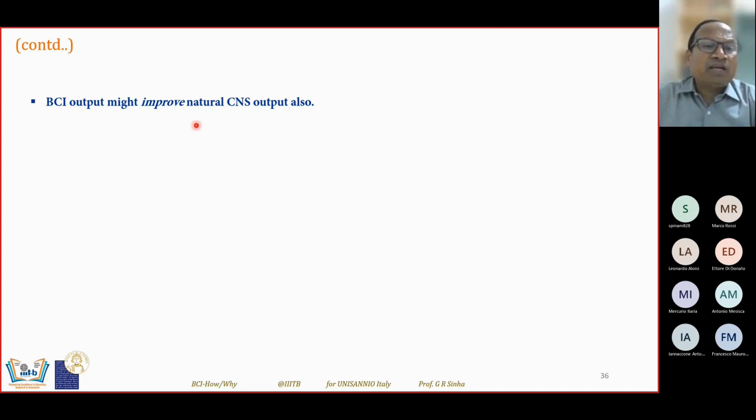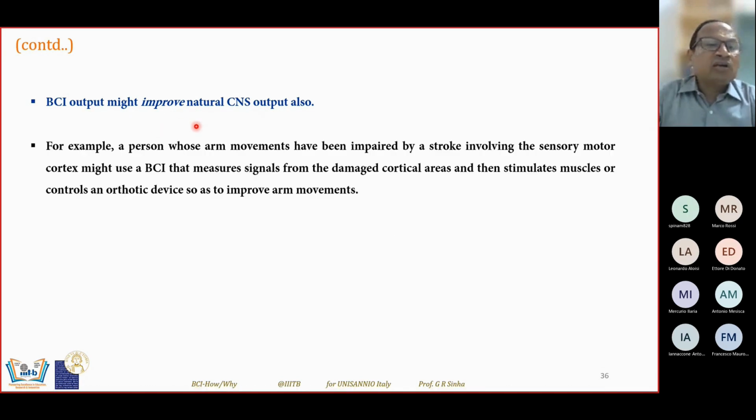BCI output might also improve natural CNS output. For example, this is another example, a person whose arm movements have been impaired by a stroke involving the sensorimotor cortex. The person undergoes a stroke, so they might have lost sensory ability as well as some movement. The motor cortex means an area in the brain that is responsible for the movement of your different organs.